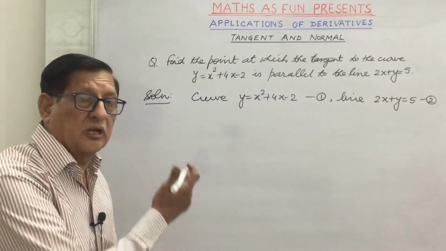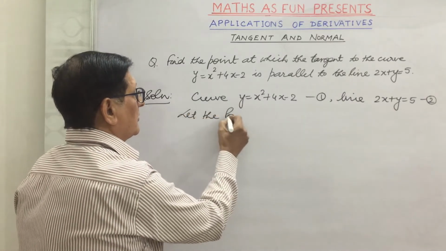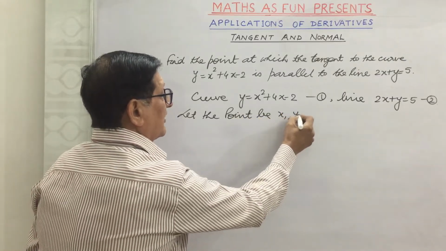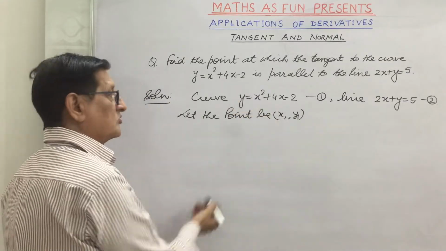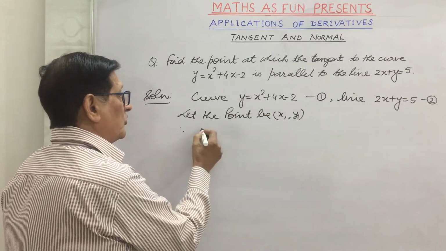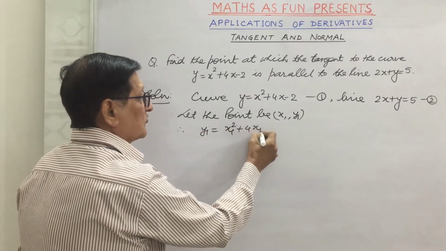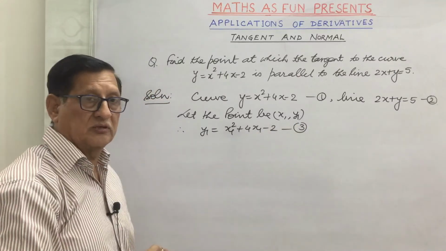Now we consider a point on the curve. Let the point be (x1, y1). We know that this point lies on the curve. So we say therefore y1 will be equal to x1 square plus 4x1 minus 2. This we can write as equation number 3.